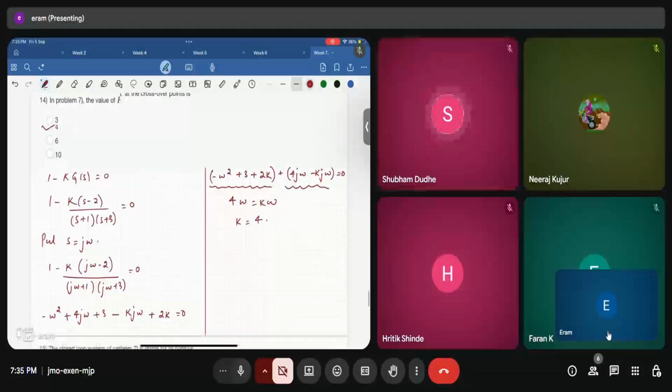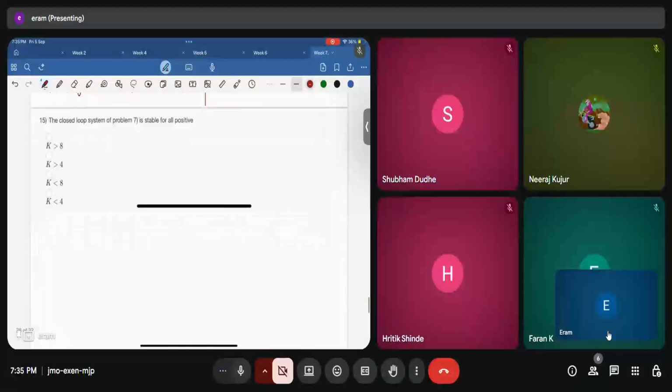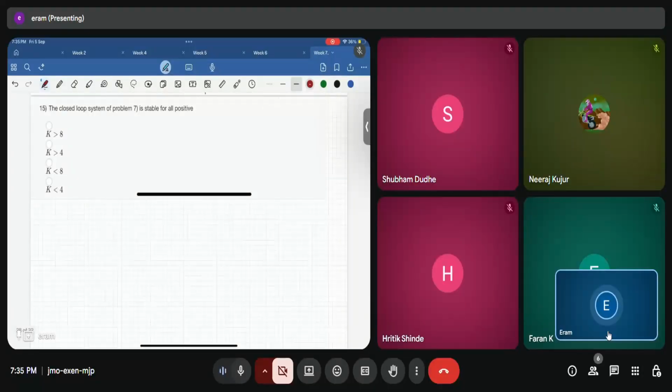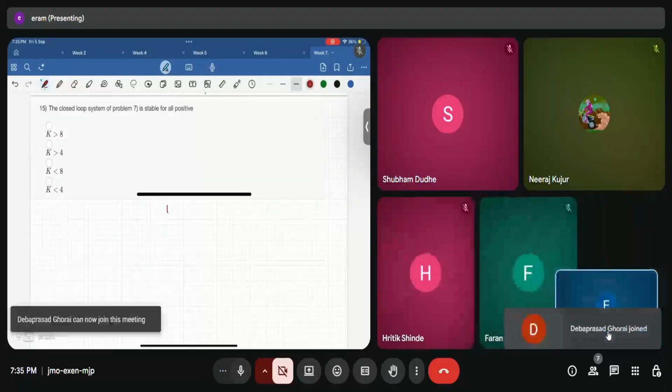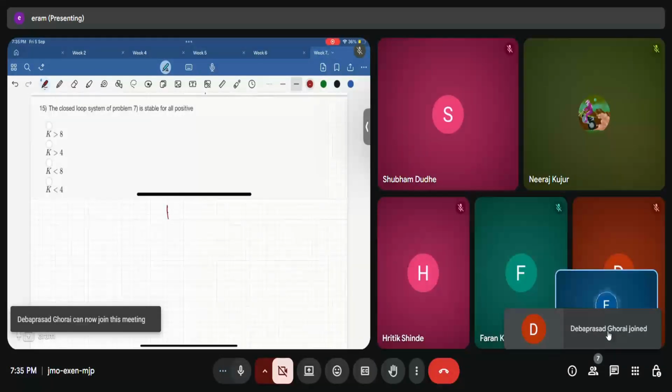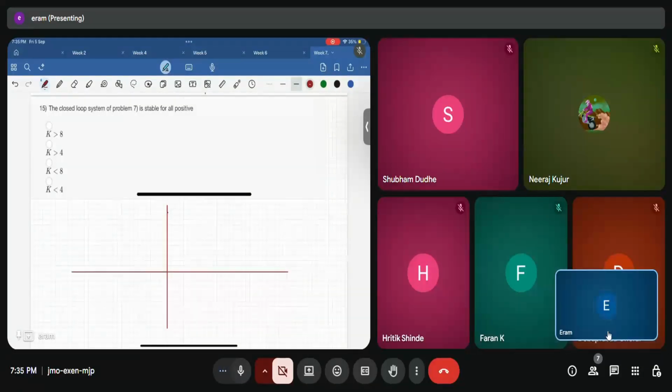Yes, ma'am. Okay. Now, the closed loop system for this problem will be stable for what range of k? That's very interesting, because we have already seen that this was our open loop 0 at 2, and this was our open loop poles at -1 and -3.